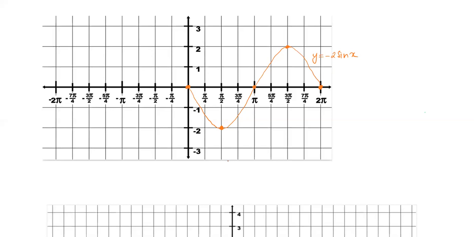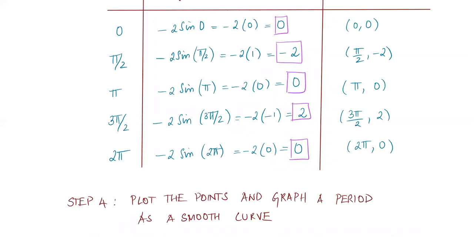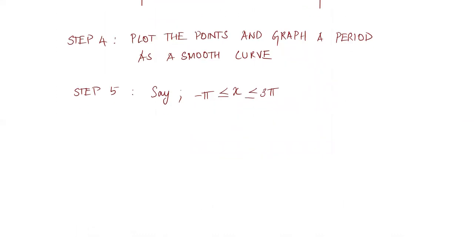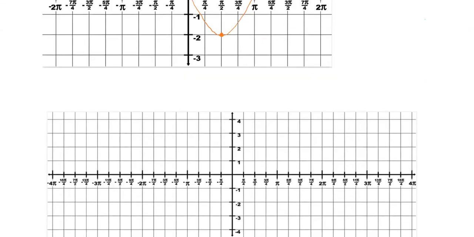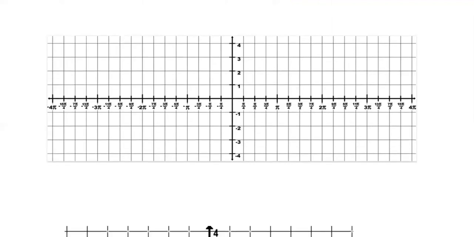Because I introduced a step 5 just for additional work here. Our step 5 says you need to stretch it from negative pi to 3 pi. So I need to get a point here, and then 3 pi. Unfortunately, I don't have that here, so I should have used this one. Okay, no problem. We'll graph it again.